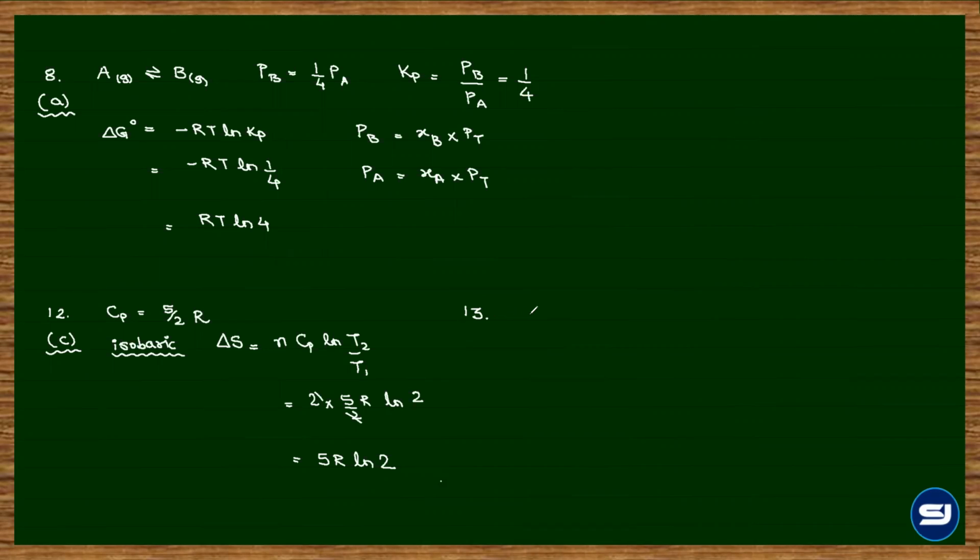13th, for a reaction A gaseous at 1 bar plus half B2 gaseous at 25 bar pressure, giving you AB gaseous. What is the initial free energy change?